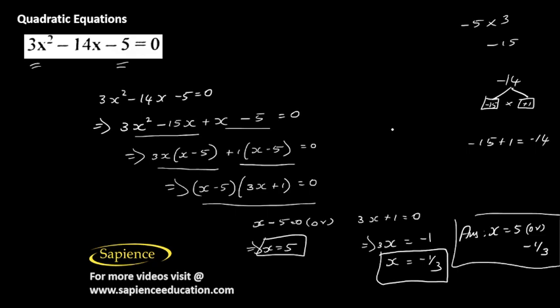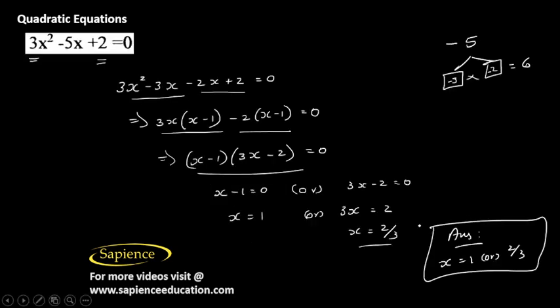The middle term, in this case 14, can be split into minus 15 and plus 1. Minus 15 into plus 1 will be minus 15, which is exactly what we need here. Coefficient of x square is 3, constant term is minus 5, and their product is minus 15. So based on that, we split the middle terms, we factorized it, and we find the value of x.